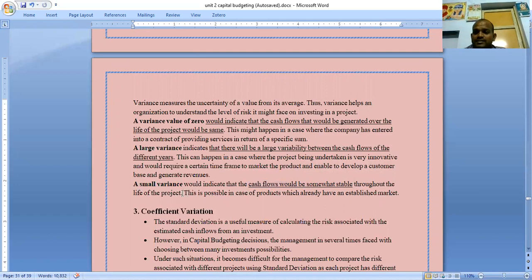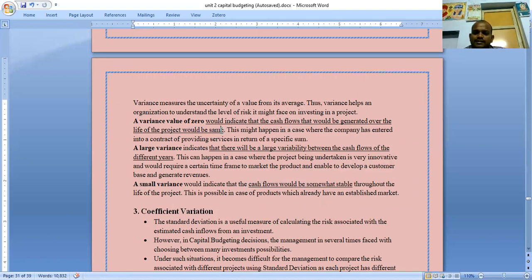If zero variance is there, in the sense whatever you are expecting, you are getting the same. A variance value of zero indicates the cash flows that would be generated over the life of the project would be the same. Whatever you are expecting, those are coming.